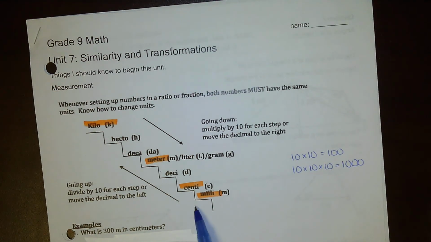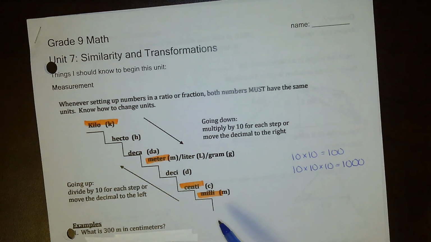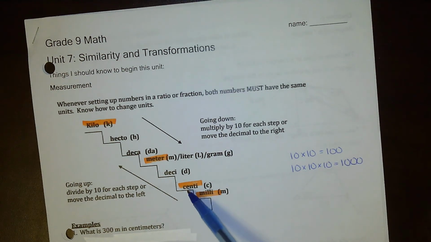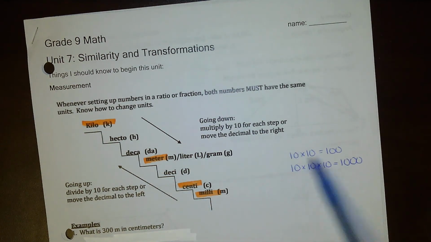Now, if we're going the reverse direction, up the staircase, then you're going to divide by that multiple of 10. So if we were going from millimeters to centimeters, you would divide by 10. But if I was going from centimeters to meters, then I would be dividing by 100, because there's 2 steps.